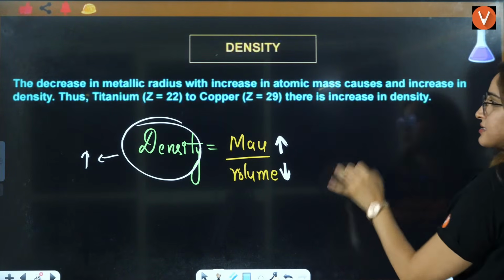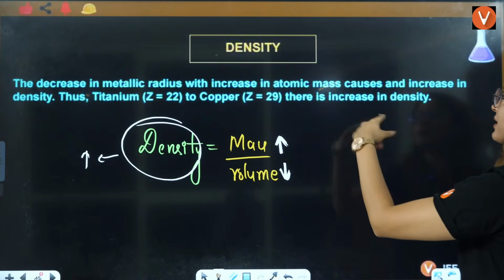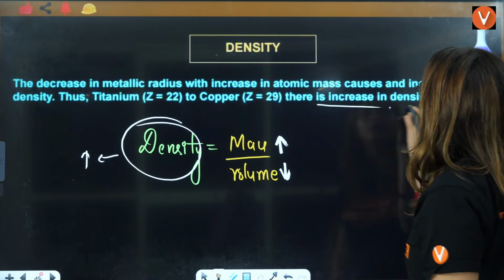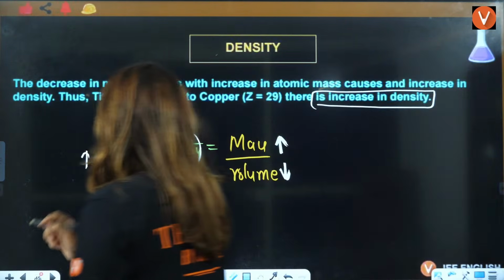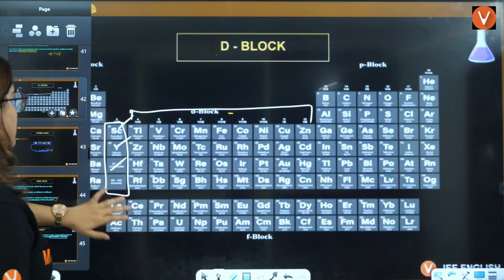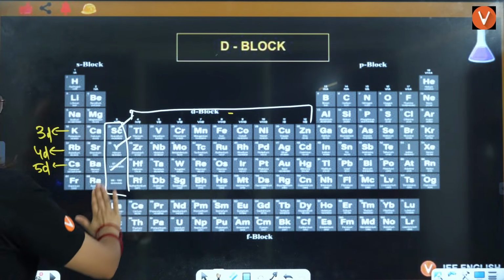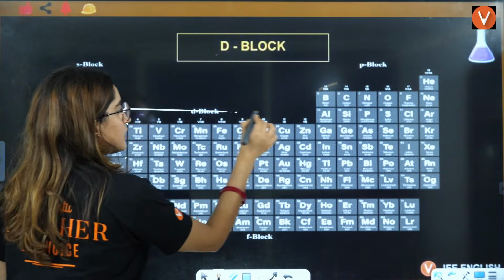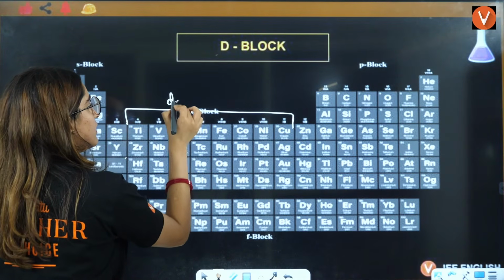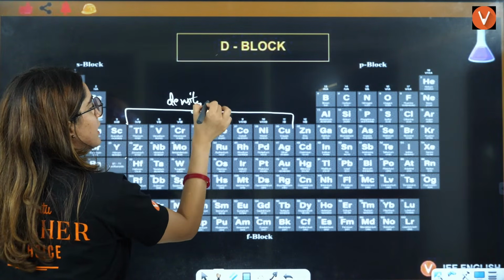Thus, from titanium to copper, there is an increase in density.